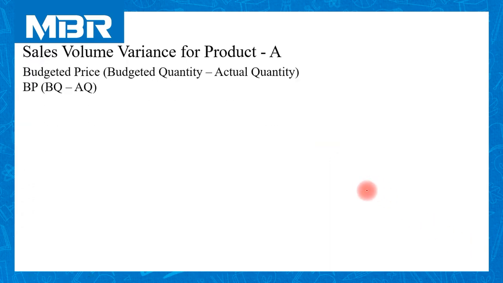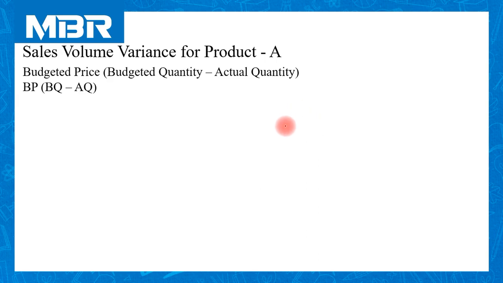And the last variance is all about calculation of sales volume variance for product A. Formula: budgeted price into bracket budgeted quantity minus actual quantity.